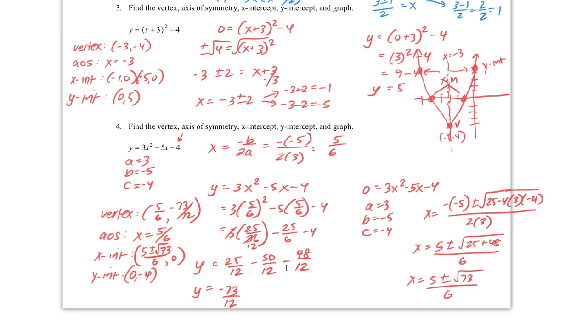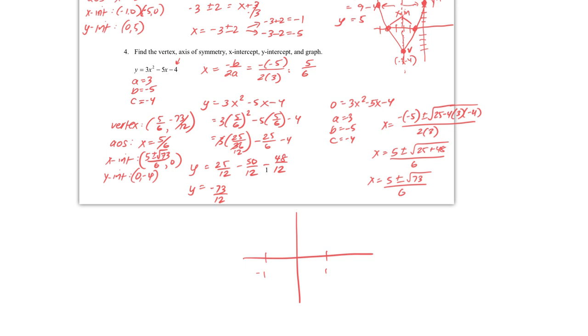And then last but not least, we have to graph this. So let me just move this up. So if I go to graph this, I know that, again, my vertex is (5/6, negative 73 over 12). So obviously I'm going to make my graph a little bit bigger, right? And I know that 73 over 12 is somewhere between 6 and 7.